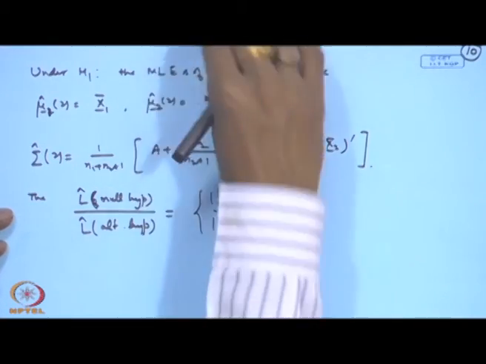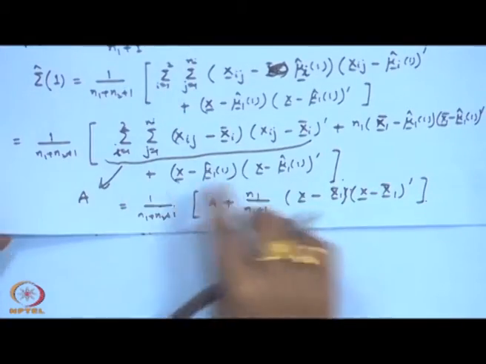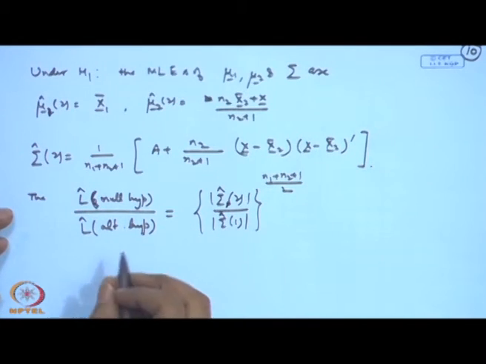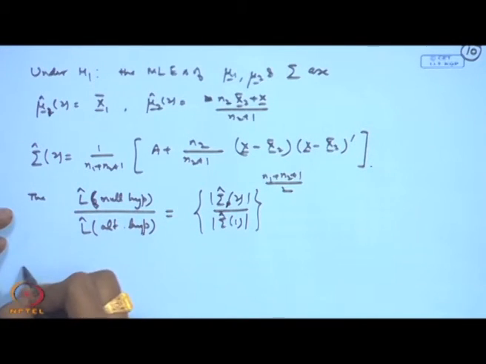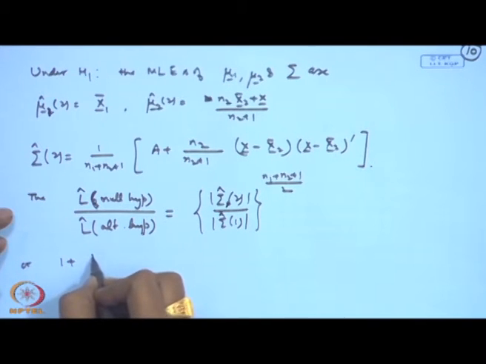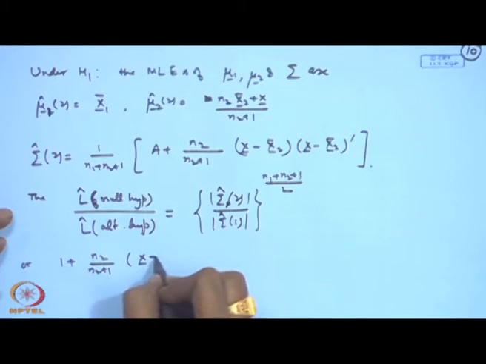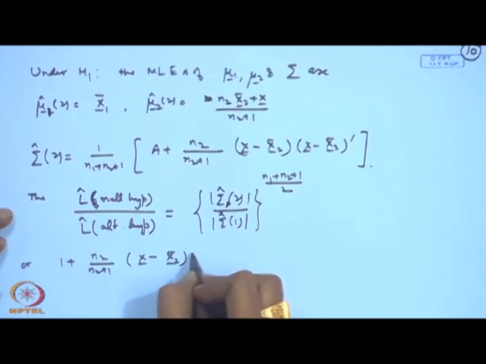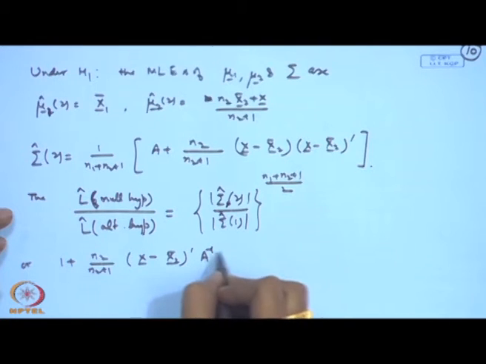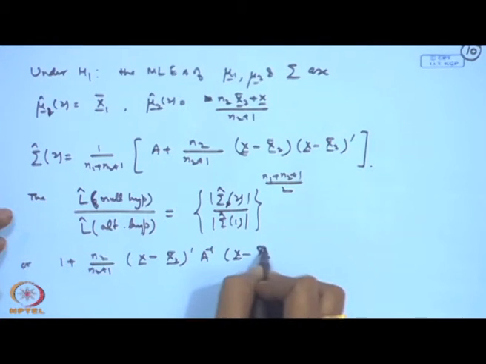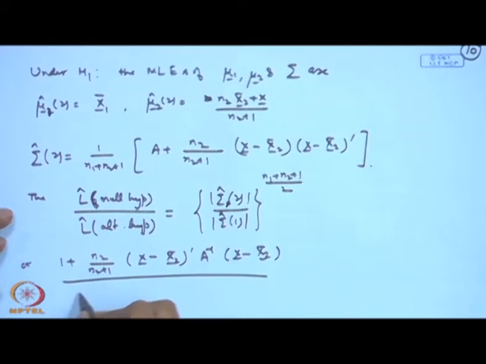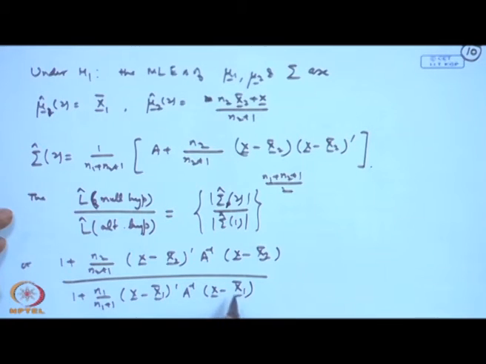Now, these expressions are already available here, that is sigma hat 1 and sigma hat 2. So, if I put it here, this is becoming equal to 1 plus n 2 by n 2 plus 1 (x minus x 2 bar) transpose A inverse (x minus x 2 bar) divided by 1 plus n 1 by n 1 plus 1 (x minus x 1 bar) prime A inverse (x minus x 1 bar).